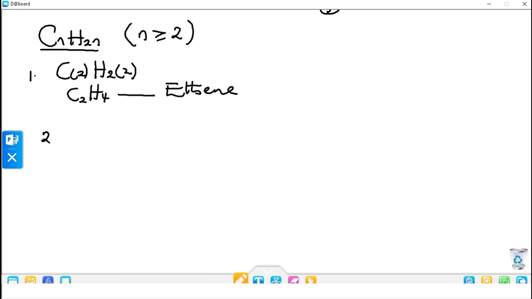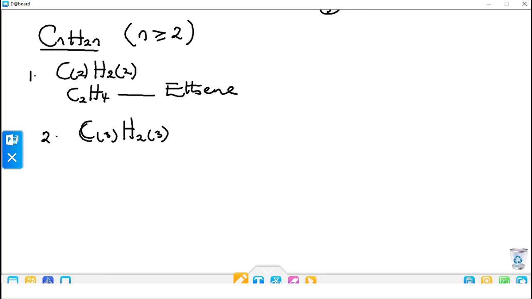The second member of that family, which is n equals 3, is C3H6, and this is propene. Students should not get this confused. Why did we not start from 1? Don't get it confused. There is no 1.